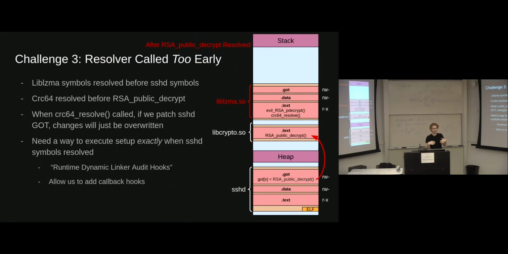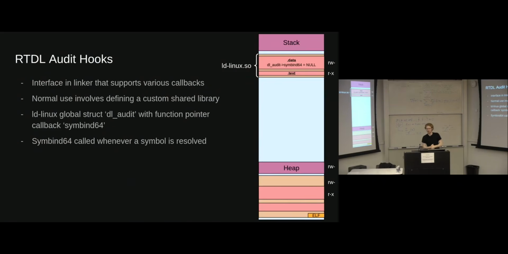And so to get into this Goldilocks zone, we actually use another obscure linker feature, which is runtime dynamic linker audit hooks. Again, the details don't matter too much. It's if, let's say, you wanted to trace the linking process in detail. What it basically allows you to do is define a callback that will get called exactly when a symbol gets resolved.